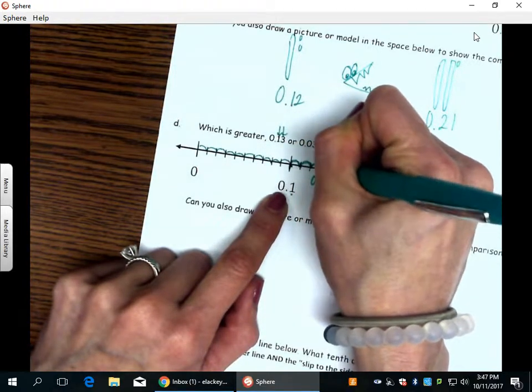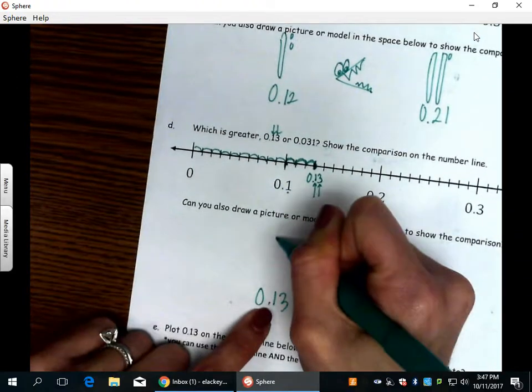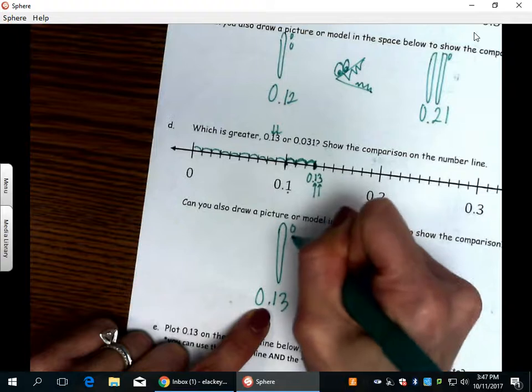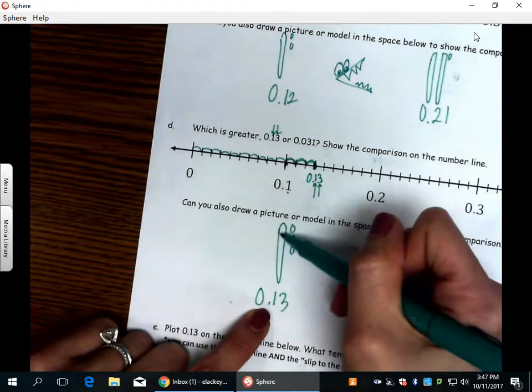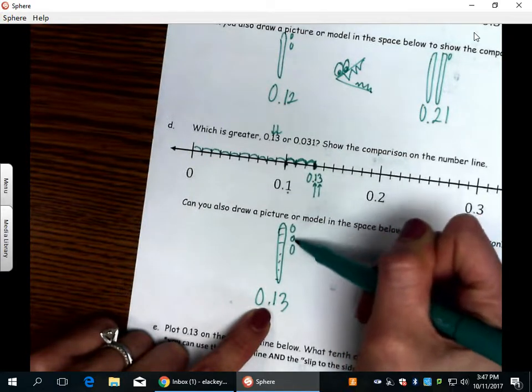It's 13 hundredths. So remember, this is the same as 1/10 3 honeys, or another way to say it is just 13 hundredths. If I broke this up, it would be 10, and this is 3, 13 hundredths.